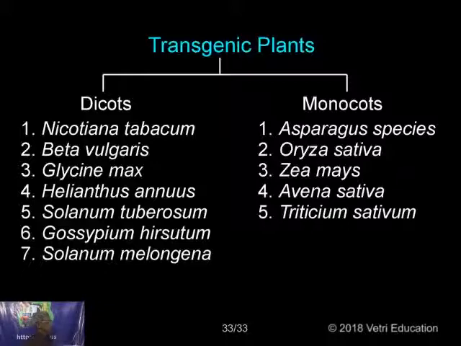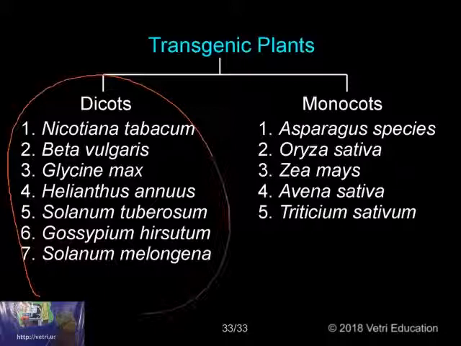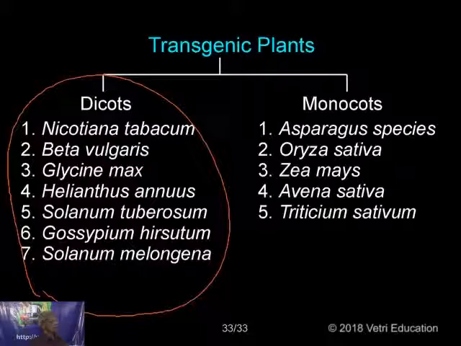These are some of the plants in dicots where we have introduced genes and made them into transgenic plants. Among the monocots, we have the asparagus species, Oryza sativa, which is paddy, and maize. In English it is written as M-A-I-Z-E.